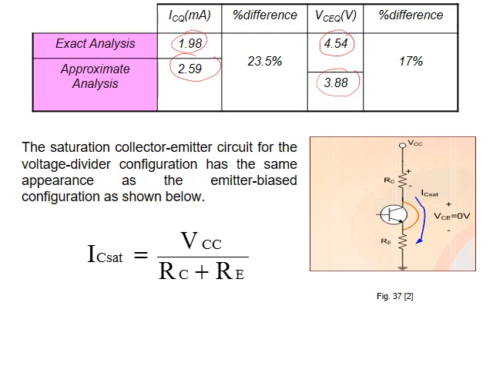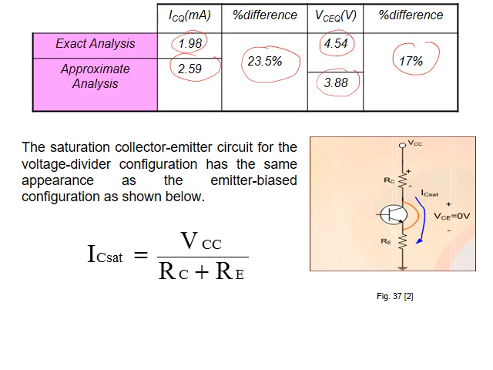To find the difference, we subtract, divide, and multiply by 100%. The difference will be 23% and here 17%, which tells me that the approximate should not be used here because we did not satisfy the condition.